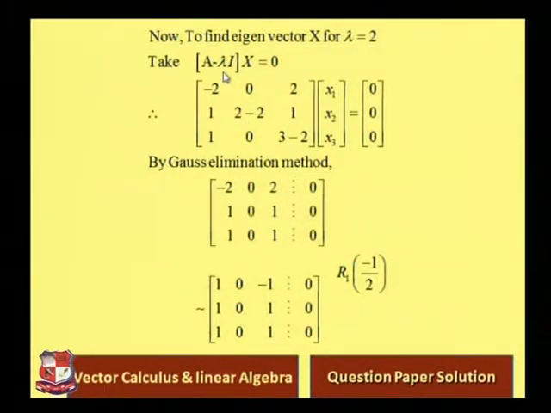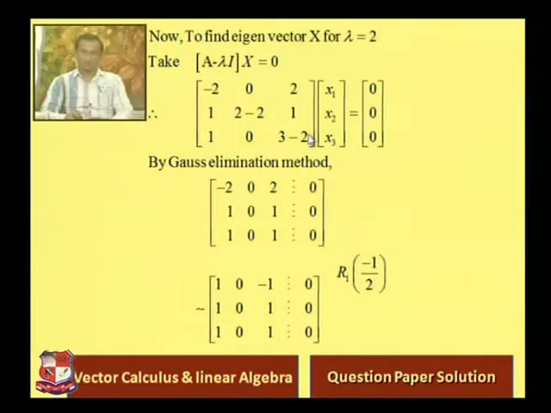So take A minus lambda I into x equal to 0. Lambda is 2, substitute here, and this is a system of equations. x1, x2, x3 are the unknowns, and this is the coefficient matrix of x1, x2 and x3, and this is the column constant matrix, that means the right hand side.